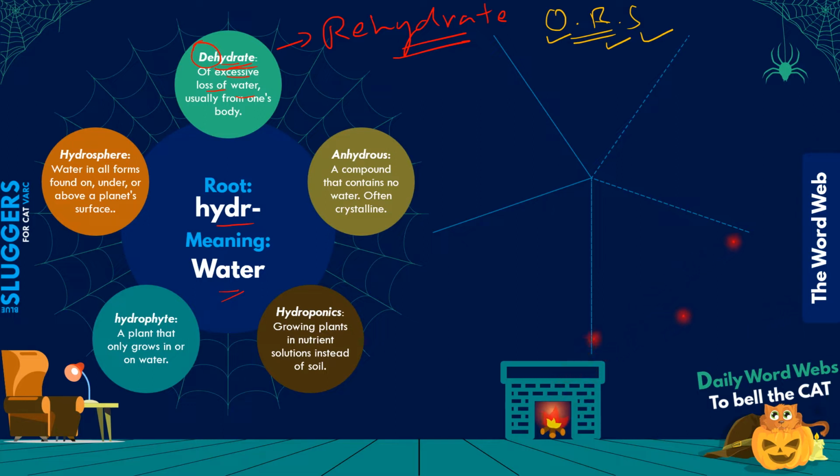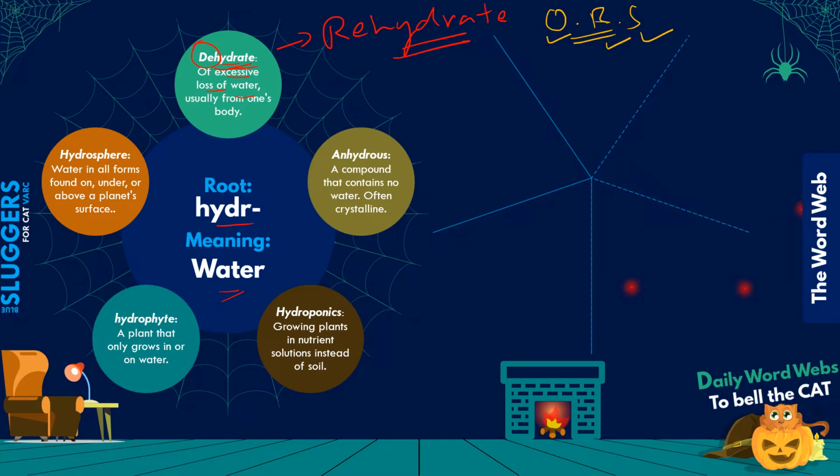That is mixed in water and then you drink it, so as to rehydrate yourself, so as to replenish the water in your body as well as the electrolytes that you might have lost. It's generally used in diarrhea cases, traveling cases. Anyhow, so that's rehydrate and dehydrate.